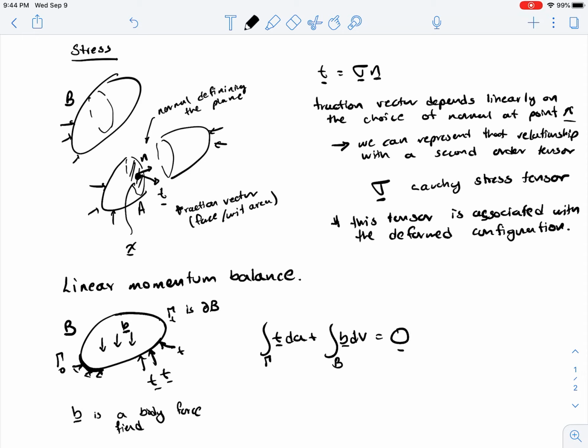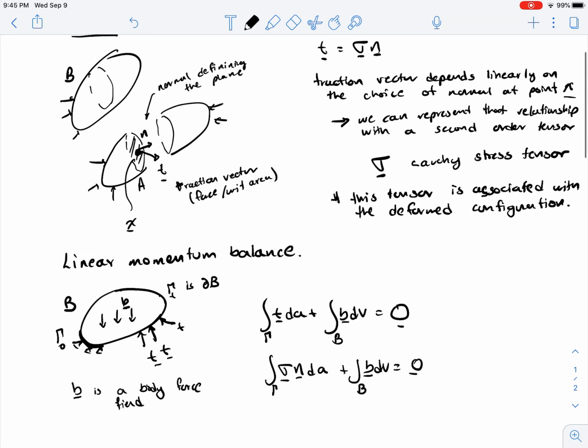It's related to the stress, like we said before. So this is the stress times the normal, plus the integral of the body force, and that gives you the 0 vector.